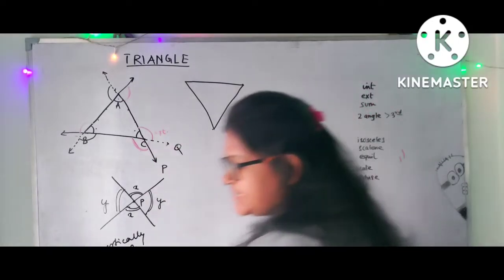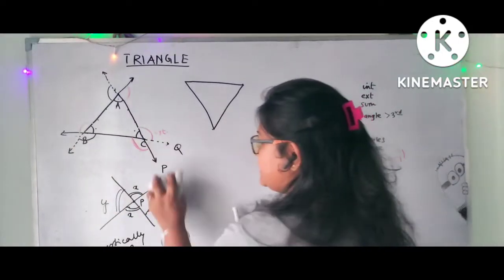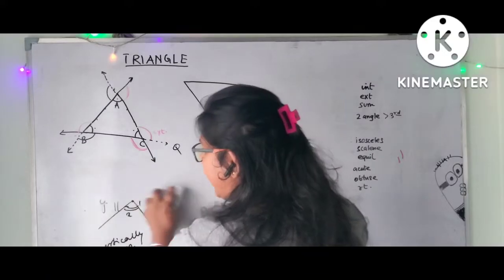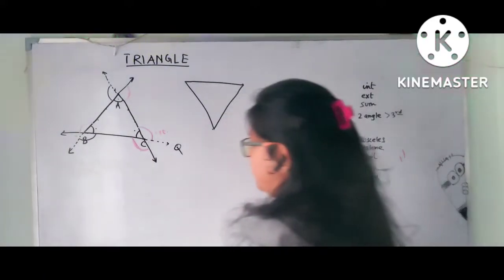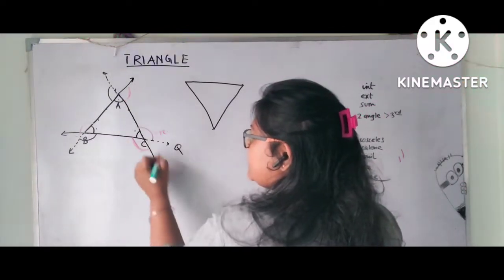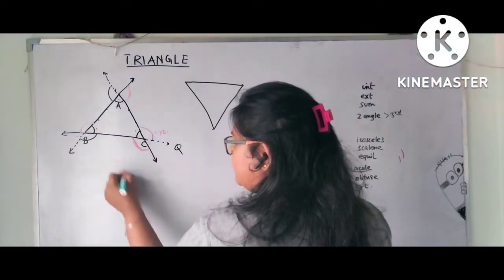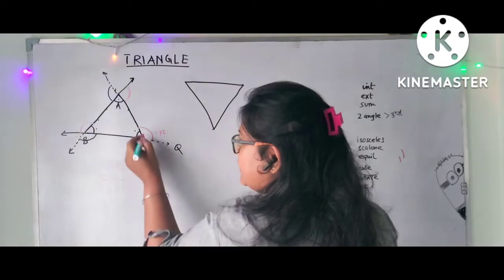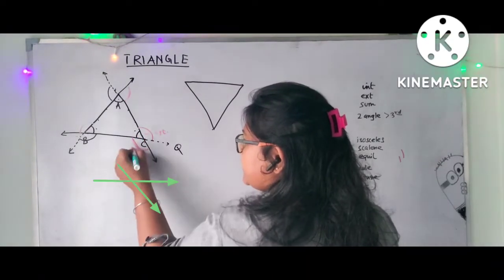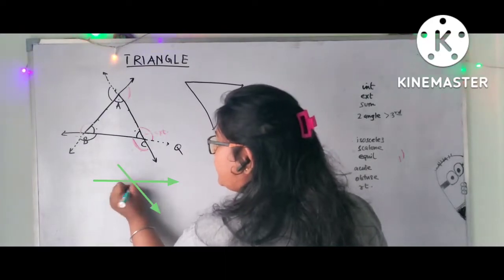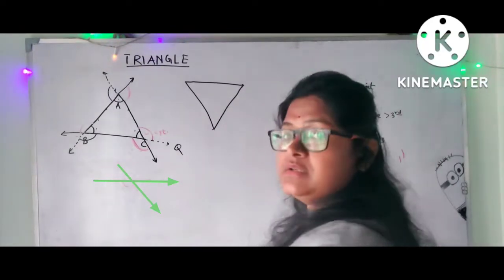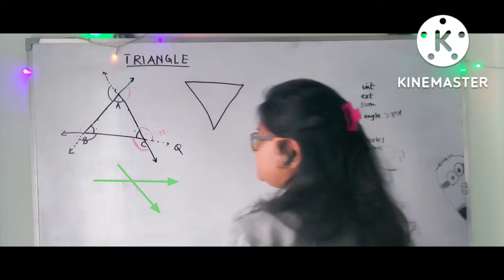What about in this case? In this case, look into the red angles which I have drawn for angle C. This angle is exterior, this angle is exterior. These two angles are vertically opposite angles, isn't it?